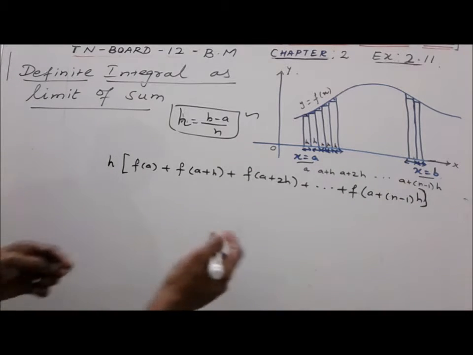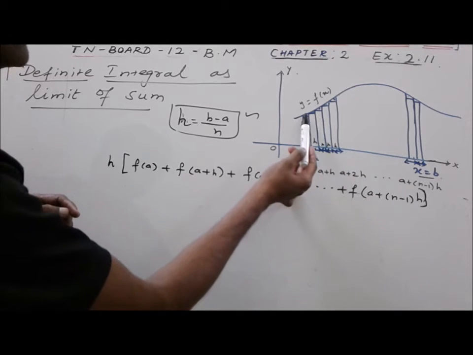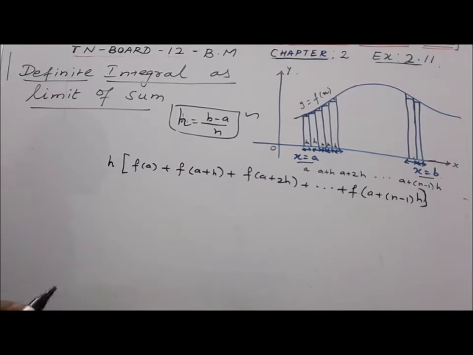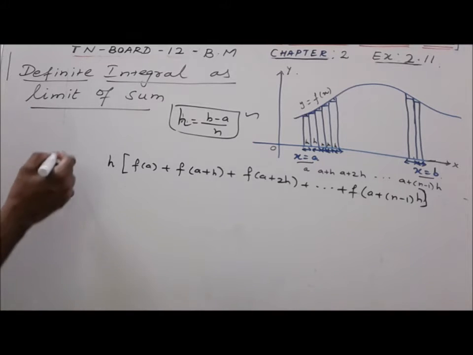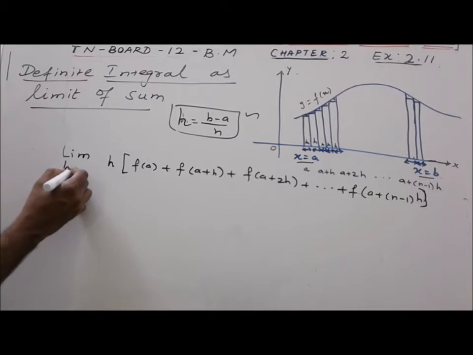Now we are finding only the area of the rectangles. In the gaps between the rectangles, a small triangular shape is left out. To include that area, we apply the limit h tends to 0.